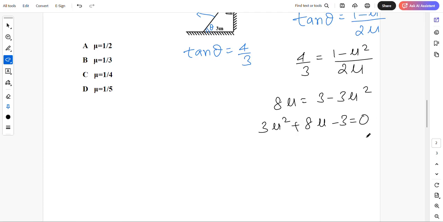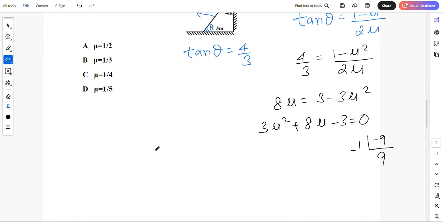I can write 9 mu minus 1 mu, because I have to get 8 mu with the product minus 9.